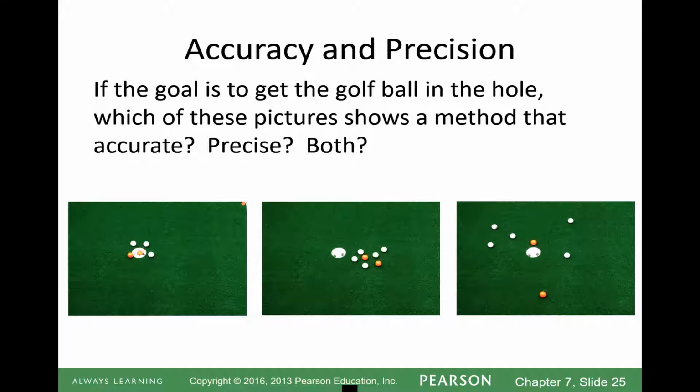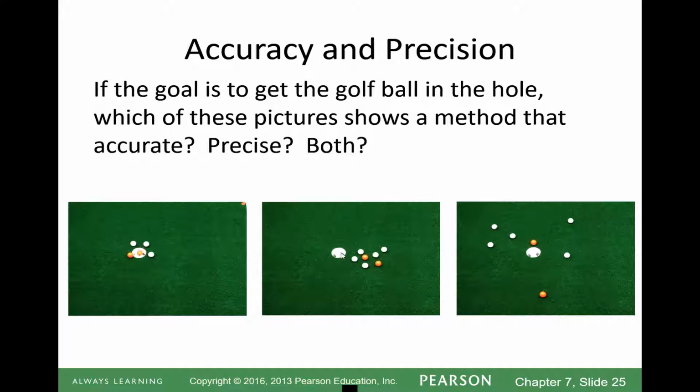Accuracy and precision. If the goal is to get the golf ball in the hole, which of these pictures shows a method that is accurate and precise? So starting from the right, it shows that it's accurate in the vicinity of the hole, but it's not very precise. Looking at the middle one here, it shows precision, close together, but not a lot of accuracy.